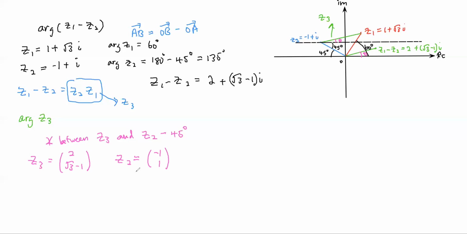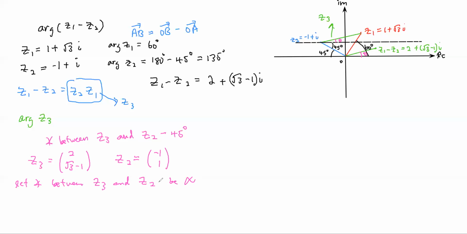So what do we want to do? Let the angle between Z3 and Z2 be theta. Oh, sorry, not theta, alpha.